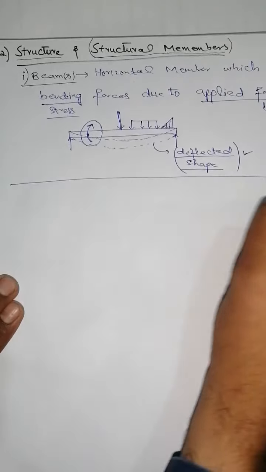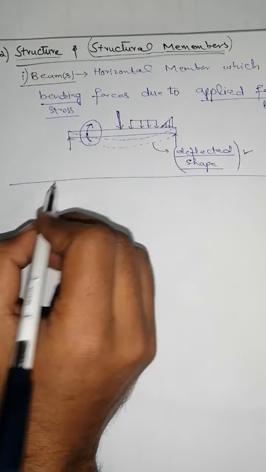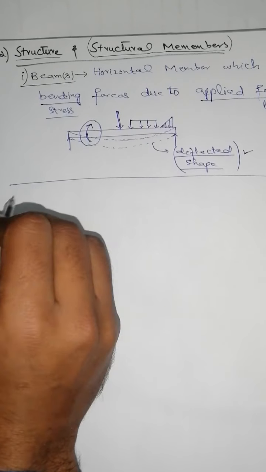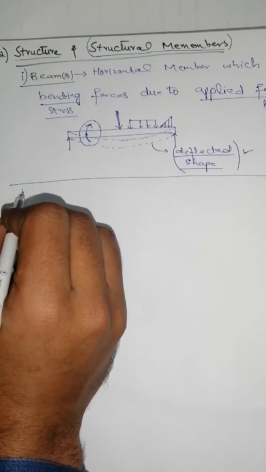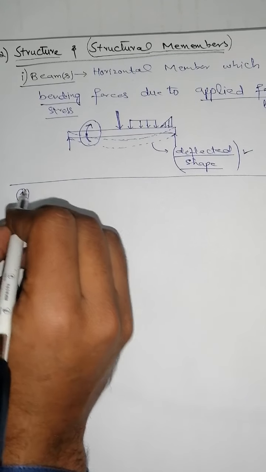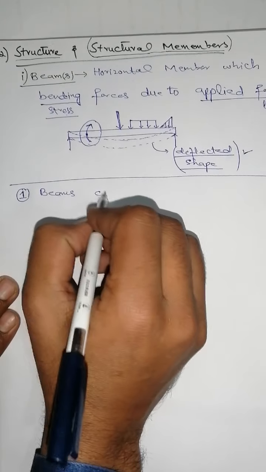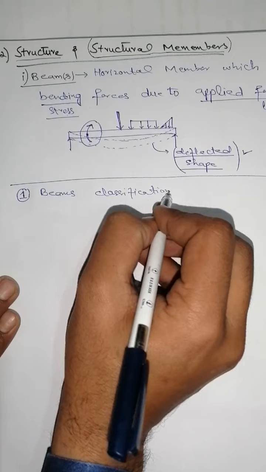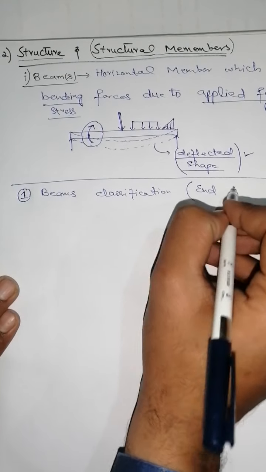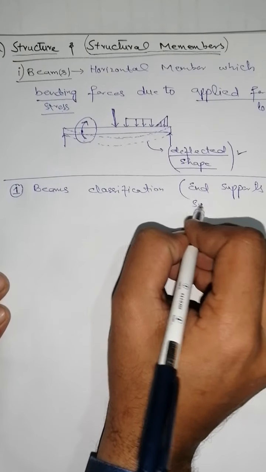Now we will discuss different types of beams according to different classification systems. First of all, we will classify the beams depending upon end supports or support conditions.